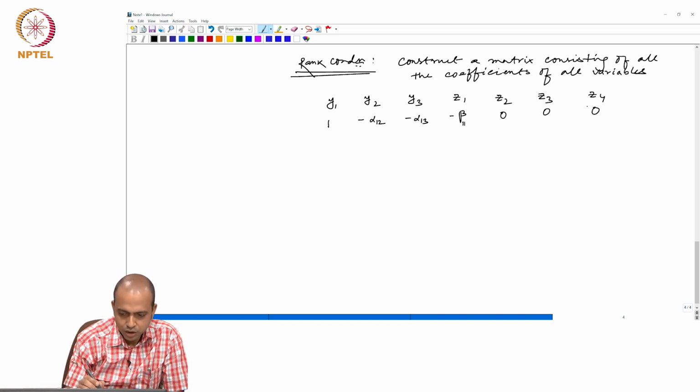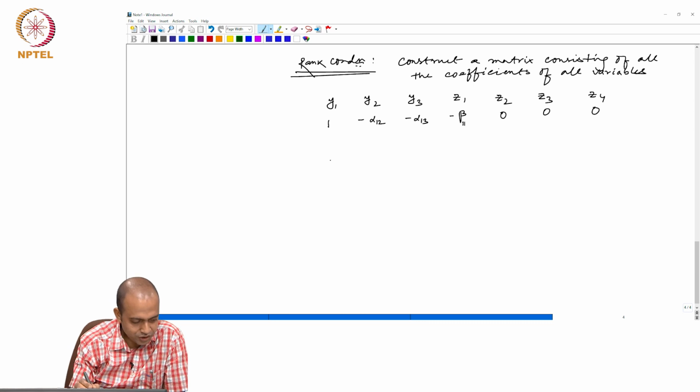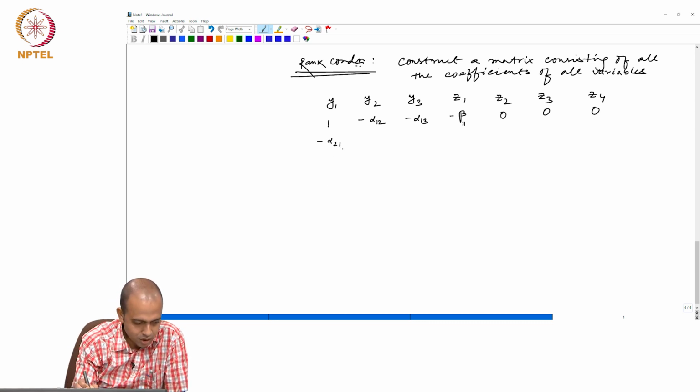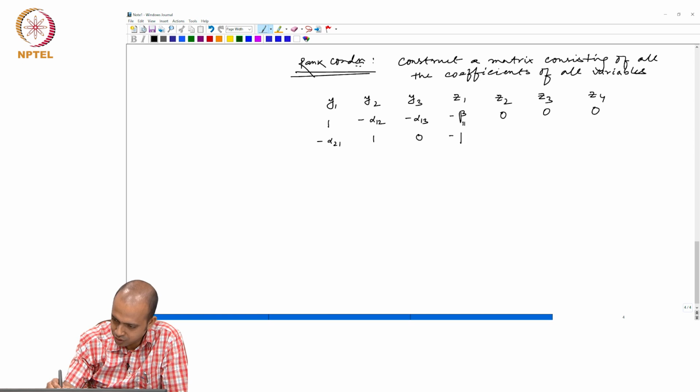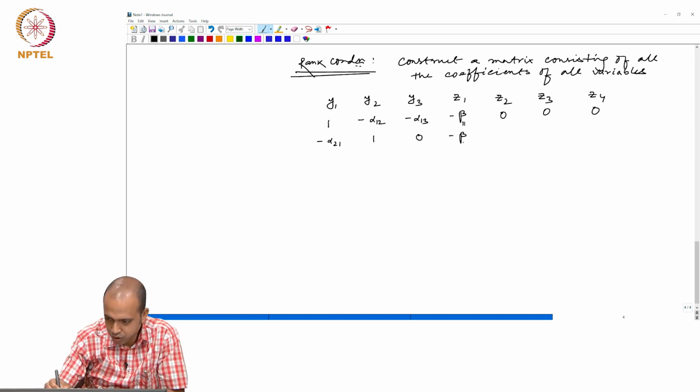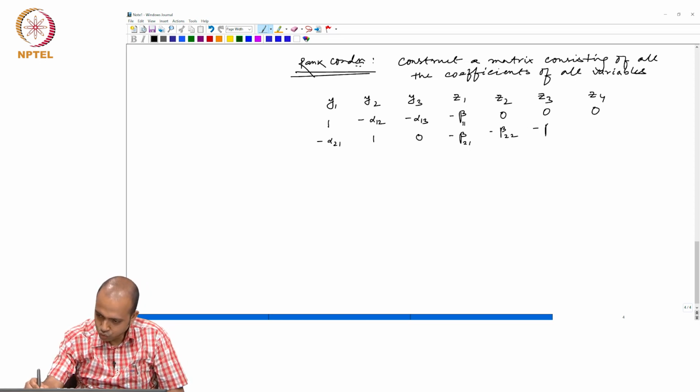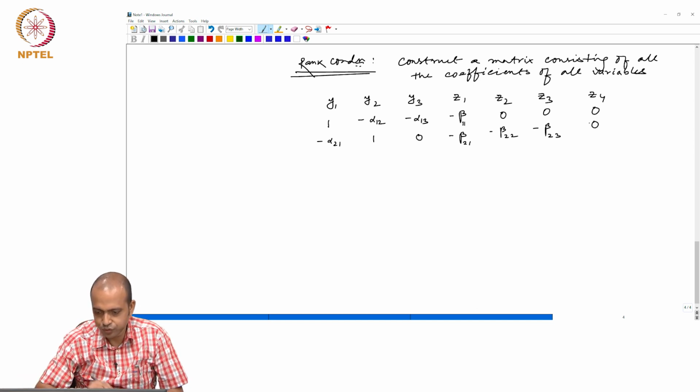Okay, right. Then for the second equation, I have minus alpha 2 1, then 1, then I have no y3, then minus beta 2 1, minus beta 2 2, minus beta 2 3, then I don't have any z4 there.